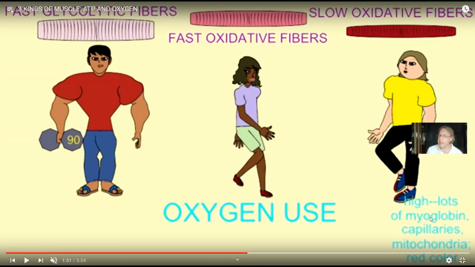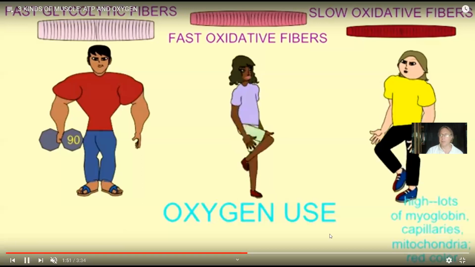Just like hemoglobin makes blood look dark red, myoglobin, which binds oxygen in muscle, makes muscle look dark red. It also has more capillaries and more mitochondria to break down sugars using oxygen. So the capillaries and the myoglobin are giving this muscle a darker color.